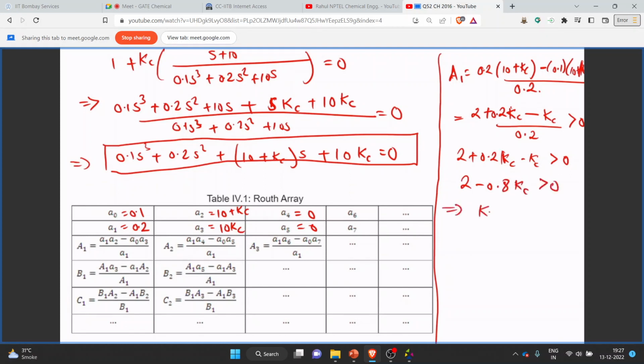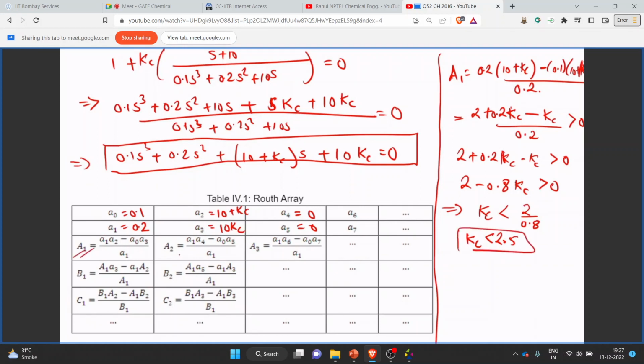So from here the value of Kc should be less than 2 upon 0.8, that is less than 2.5.